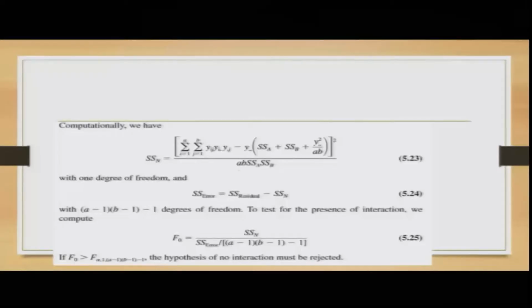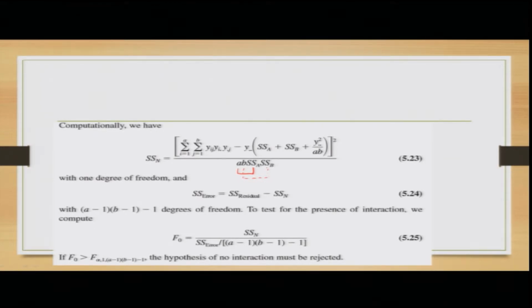So the combination is not there. Obviously, they would be multiplied by their corresponding degrees of freedom. So SS suffix A would be multiplied by a, and SSB would be multiplied by its degrees of freedom, small b.